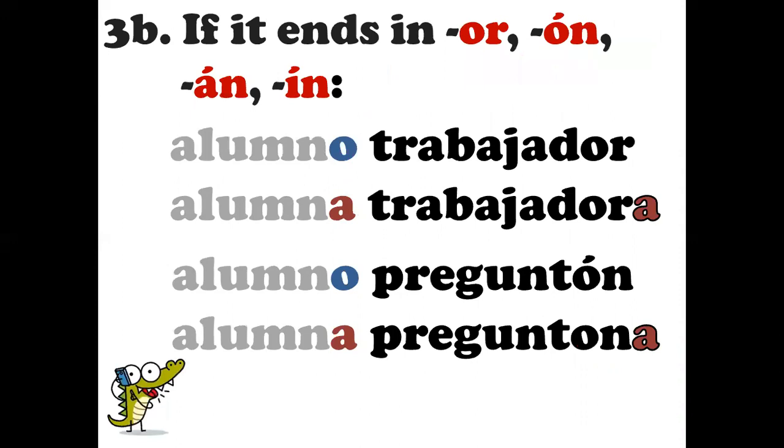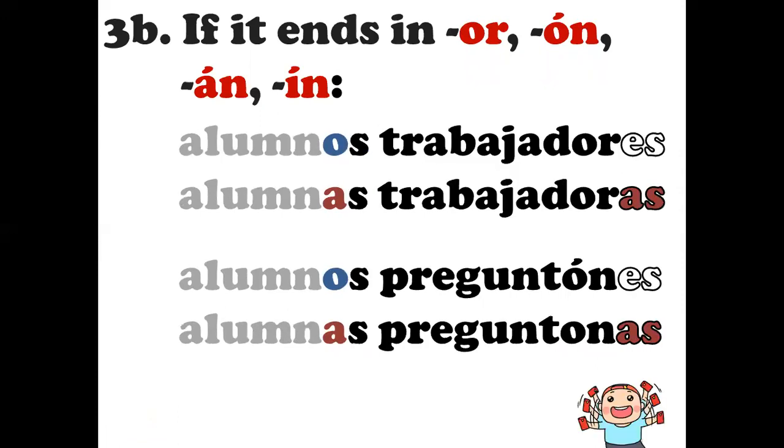And the same applies to the other exception, the ones that end in or, on, an, in. If it ends in a consonant, you add ES. If it ends in a vowel, add an S. Alumnos trabajadores, alumnas trabajadoras, alumnos preguntones, alumnas preguntonas.